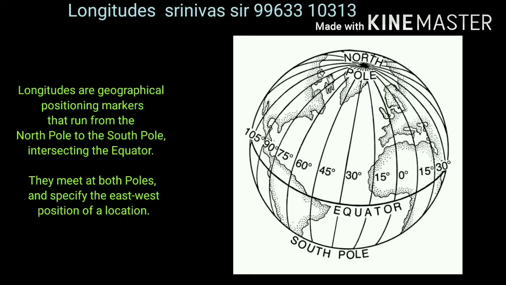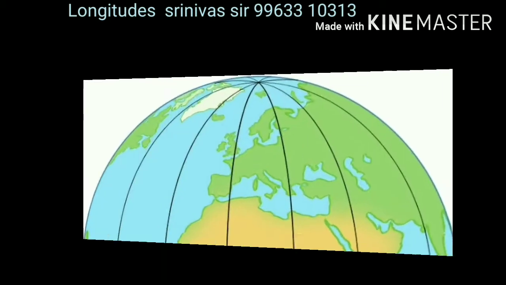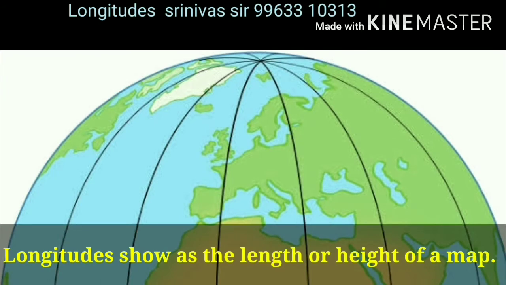Longitudes are geographical positioning markers that run from the North Pole to the South Pole, intersecting the equator. They meet at both poles and specify the east-west position of a location. Longitudes show the length or height of a map.